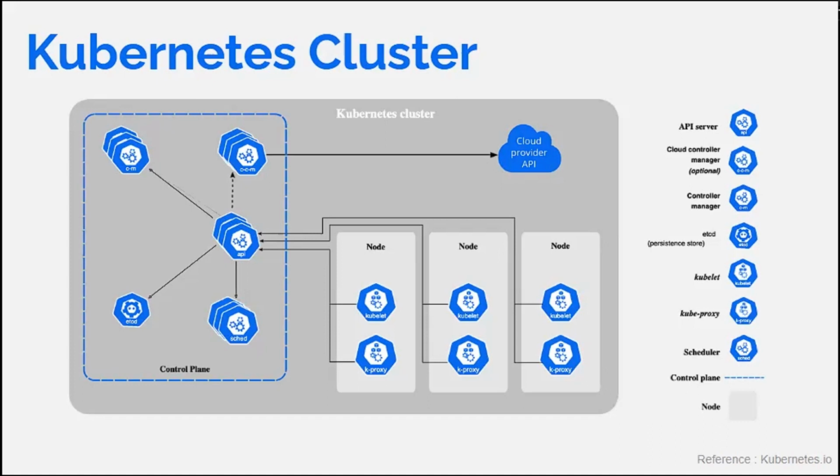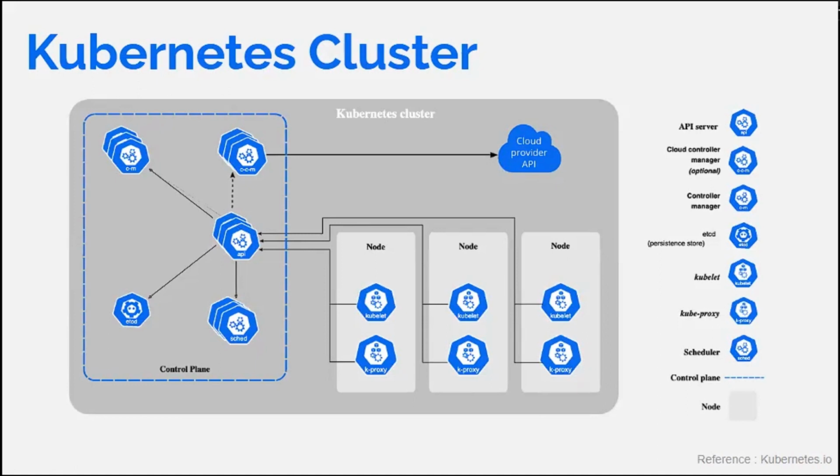Okay, so let's look at a Kubernetes cluster. Let's see how it is working and get a rough idea about it. Kubernetes comes as a cluster. So inside that cluster, you can deploy your application. Kubernetes has two main types of nodes.